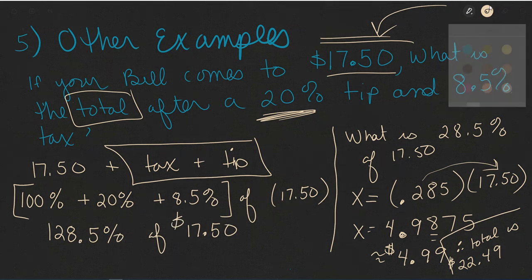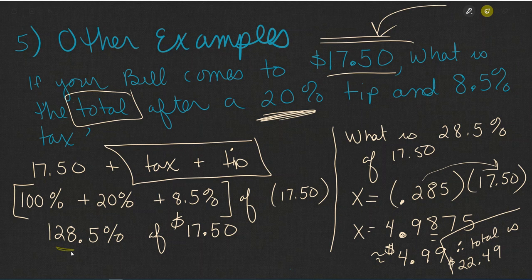So 2 decimal places, 128.5%, 2 decimal places will make that 1.285 times 1750. So that will be 22.49. The same answer we got the long way.